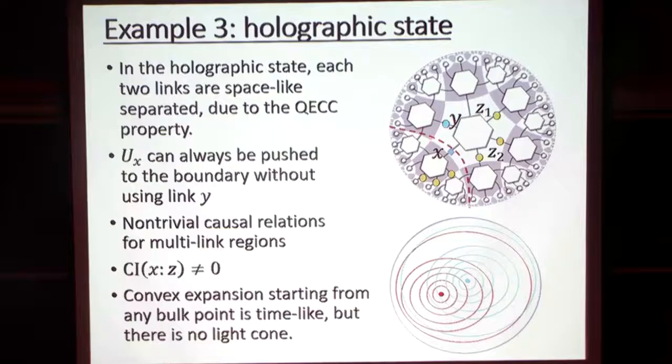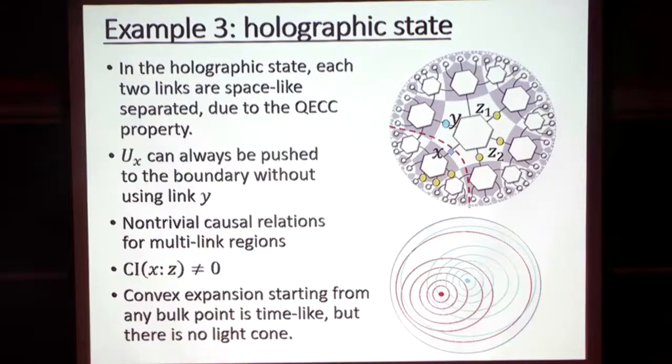The answer is no, you don't change anything, because you can always select a region on the boundary such that you push the unitary operator Ux to the boundary in a way that it doesn't intersect that point. If I select a point here, then I represent my operator in a different way, pushing it to the other side so that it doesn't intersect with y. So as long as I find a way to push the operator Ux to the boundary without passing through y, then I don't influence anything at y.